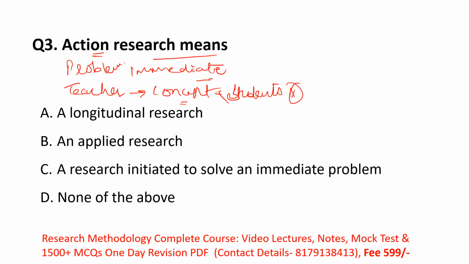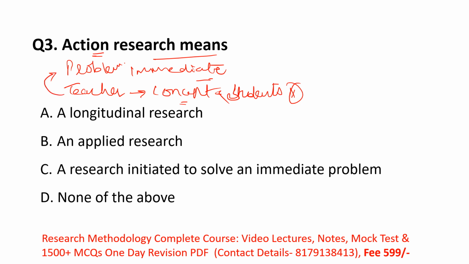So in this case, what will the teacher do? The teacher will change his or her teaching method and re-explain that concept so that students can easily understand it. So here the teacher is immediately solving this problem.